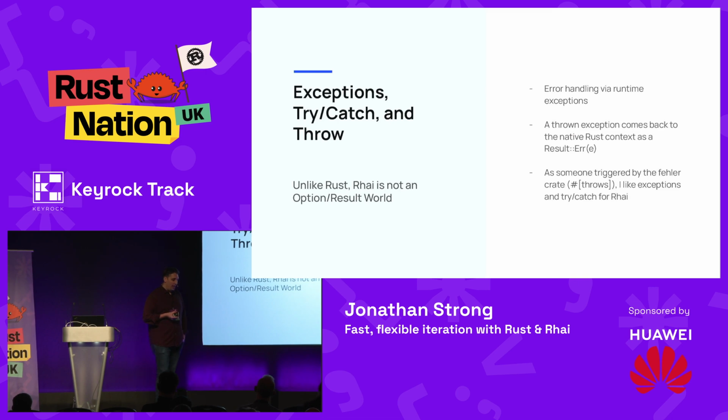Now, Rhai has exceptions and try and catch. Personally, I'm the kind of Rust developer who uses the fehler crate. I don't know if you're familiar with it. It's got a throws proc macro, an annotation macro, where it kind of gives you try-catch exception semantics. And to me, I love the Result type in Rust, and I love handling errors up front as values.